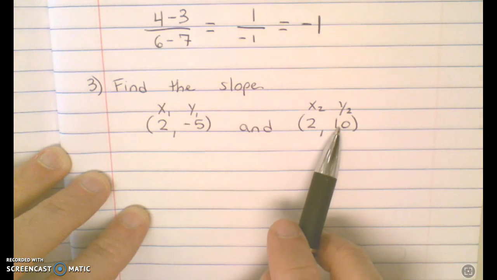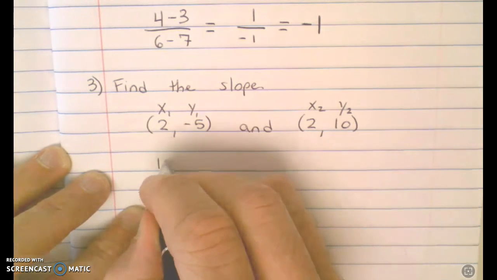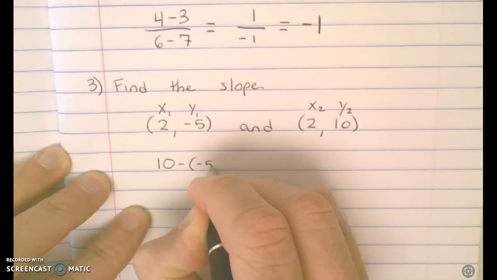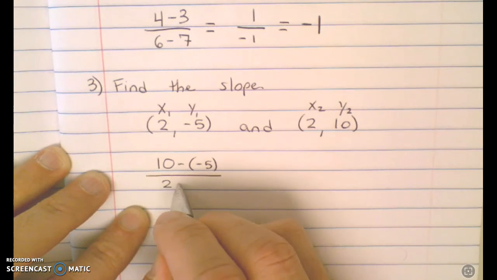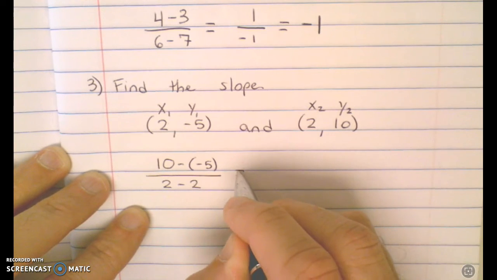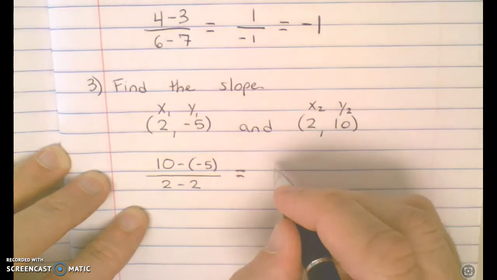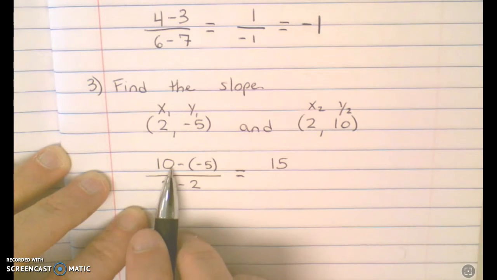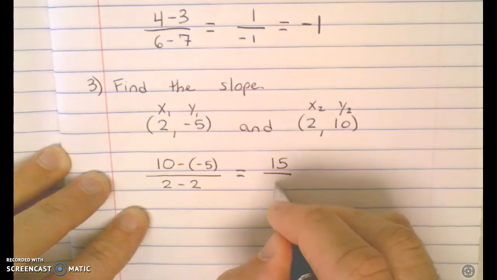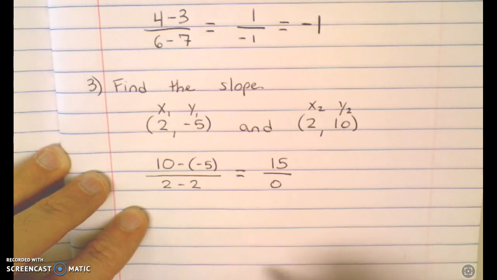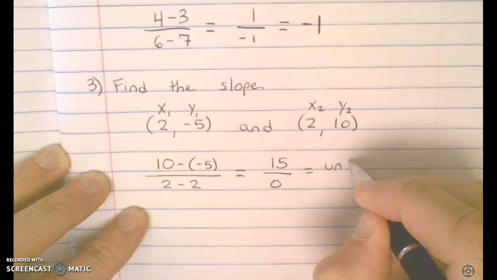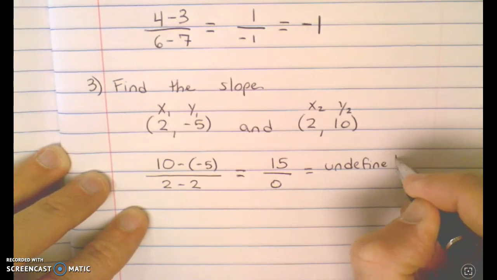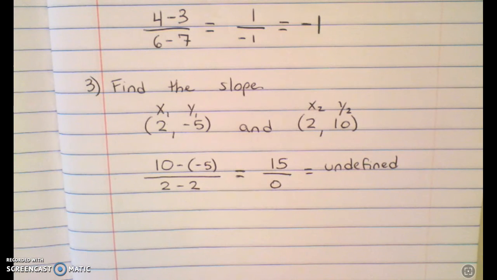I'm going to take 10 minus negative 5, over 2 minus 2. So 10 minus negative 5 turns into positive 15, because that's 10 plus 5. 2 minus 2 is 0. So when you get a fraction like this with 0 in the denominator, this is called undefined. You cannot divide by 0. So the slope between those 2 points is undefined.